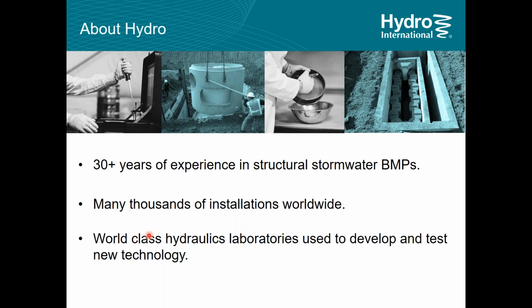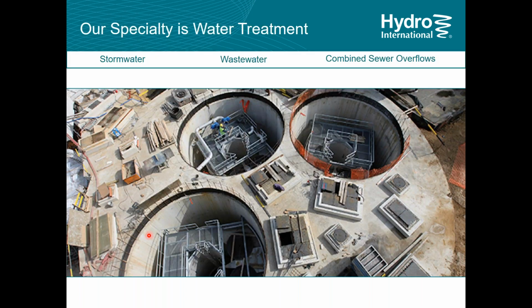One thing that Hydro does have is a really good hydraulics lab, and I'll go over that shortly. Our primary areas of business are stormwater, wastewater, and combined sewer overflow. The products tend to overlap a little bit. The technologies are the same, but I'm just going to concentrate on the vortex valves in the stormwater application.